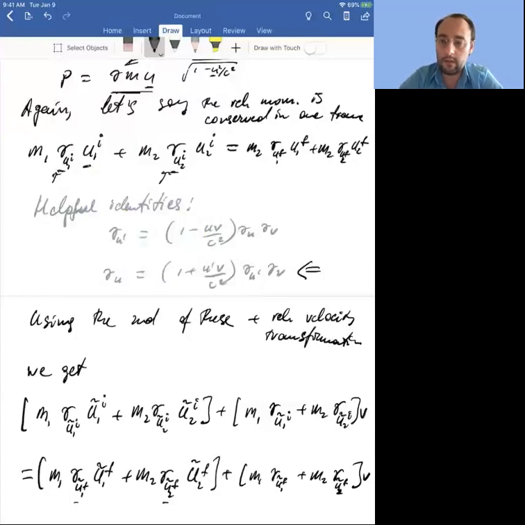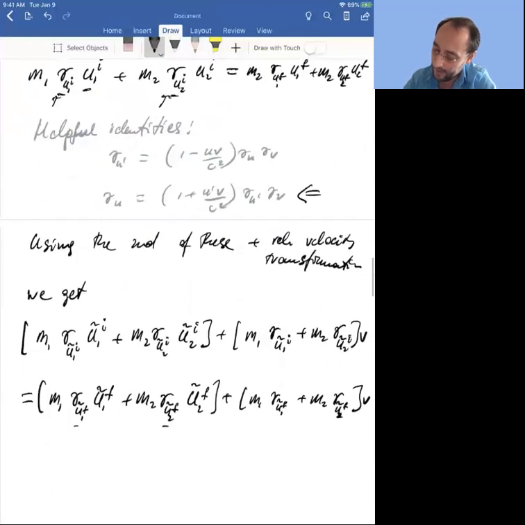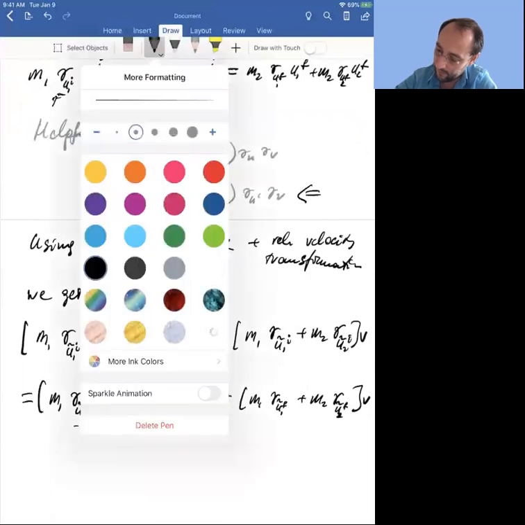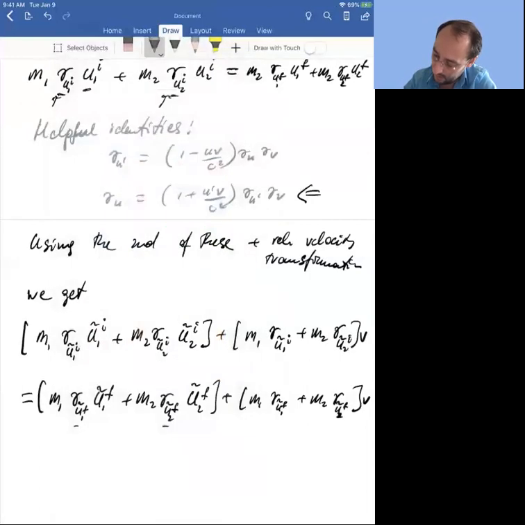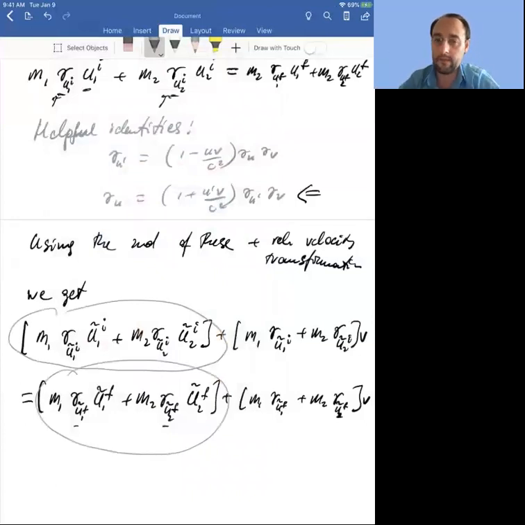So let's try to understand what's going on. These are the relativistic momenta in the new frame. Is the form of the relationship the same? No, it's not. We have these annoying extra terms. So is the relativistic momentum conserved in the other frame if it's conserved in one frame?